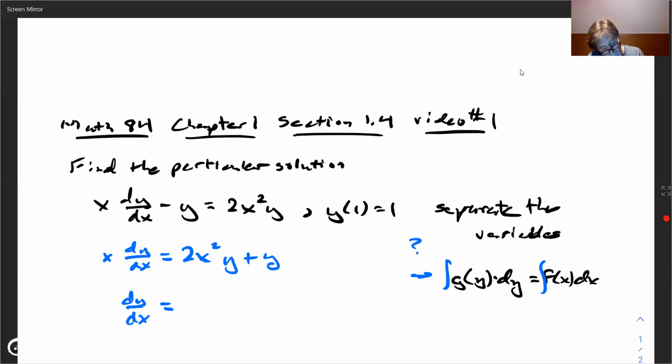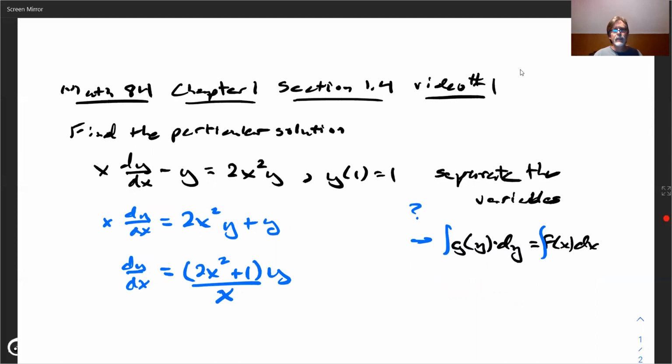If I factor out the y, I'm left with 2x squared plus 1, times y, and then I scoot the x underneath. What I've done is nothing but algebra. Next, I'll send the y to the other side and write dy over y, and the differential dx, I'll multiply to the other side, and I'm left with 2x squared plus 1 over x dx, and we've done it.